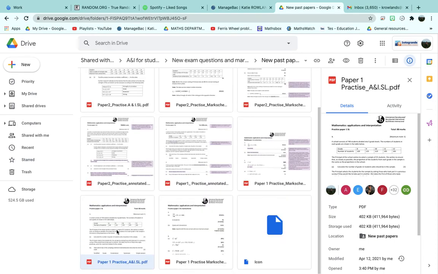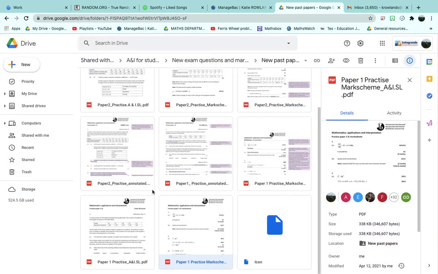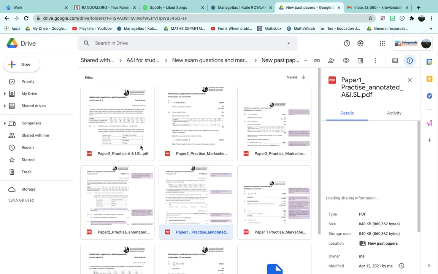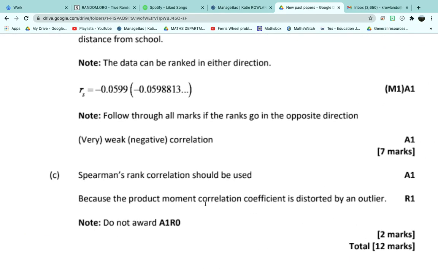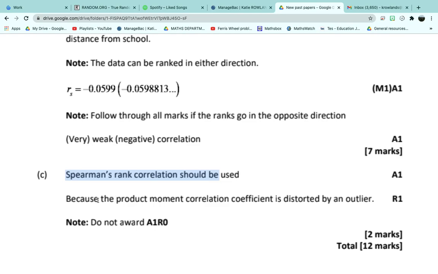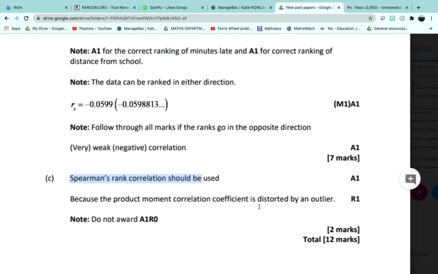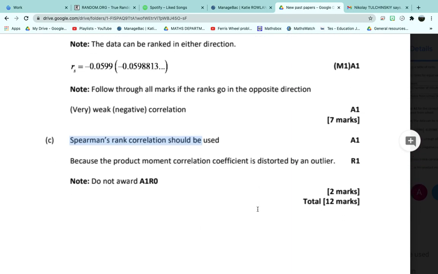So this is on practice paper 1, and the mark scheme suggests for this, it should actually be practice paper 2, that Spearman's rank correlation should be used because the product moment correlation coefficient is distorted by an outlier. And that is how you would answer this particular question. Hope that helps.